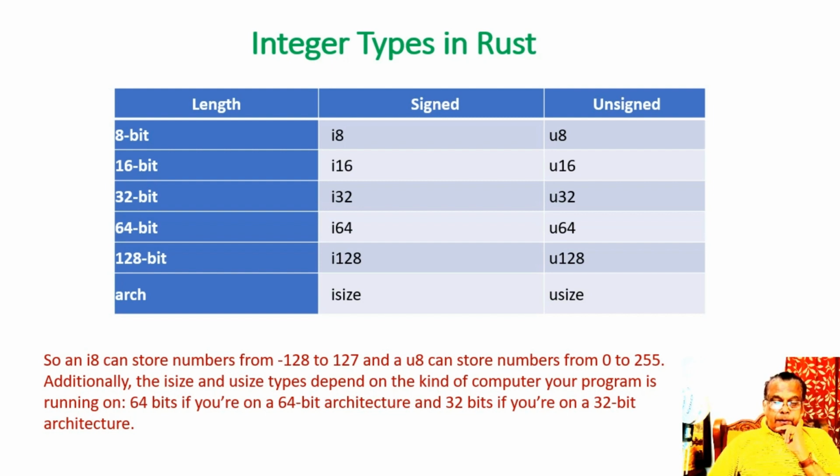So now look. An i8 can store numbers from -128 to 127, and a u8 can store numbers from 0 to 255. You know all those things.